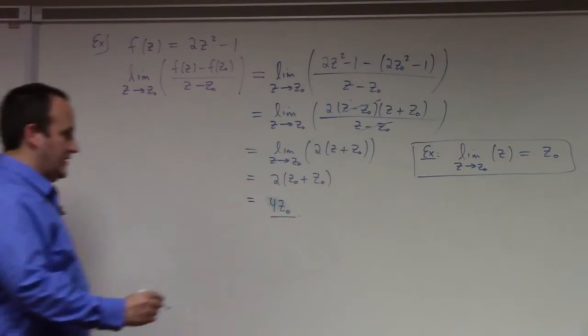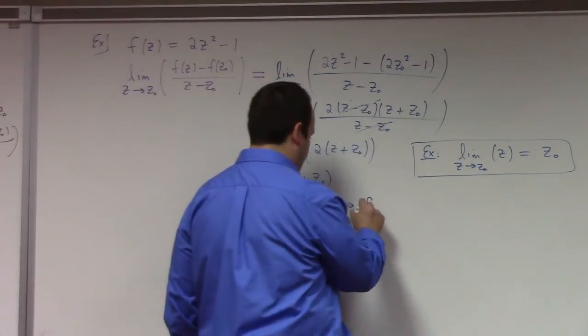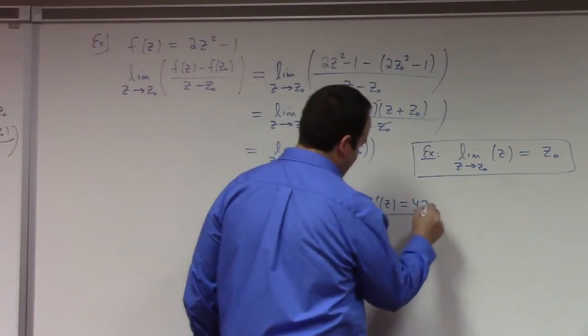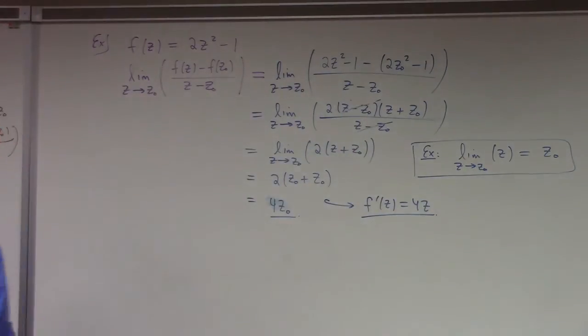So this shows you that f prime of z is equal to 4z. That's the derivative function since z naught was arbitrary. That's the mapping. Well, this is not terribly surprising, is it?